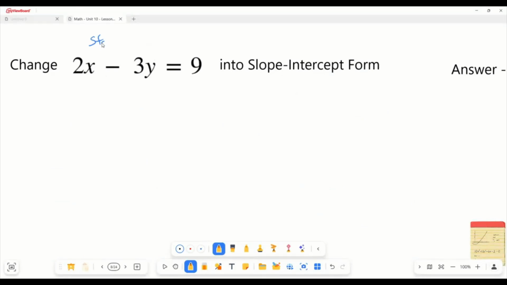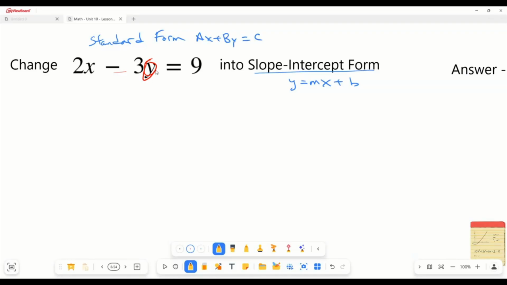This is in standard form: AX plus BY equals C. We need it in slope-intercept: Y equals MX plus B. Well, I've got to get Y by itself on this side and the 2x and the negative 3 on the other side.